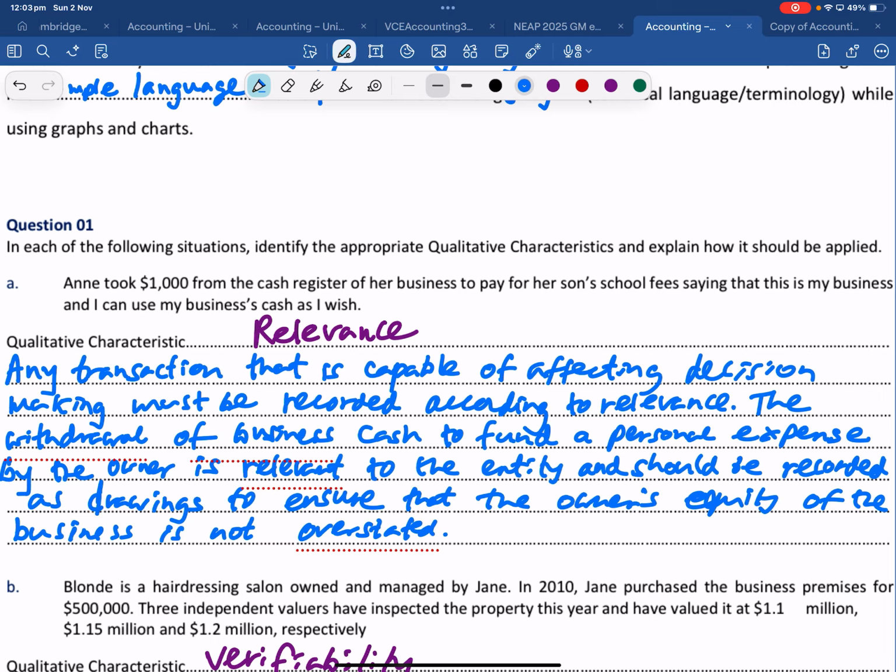So now, she purchased the premises for 500,000 ten years ago, I mean in 2010. But now it is more than 1 million, 1.1 million. So which value are we going to record?